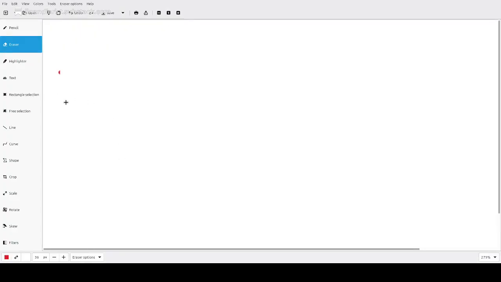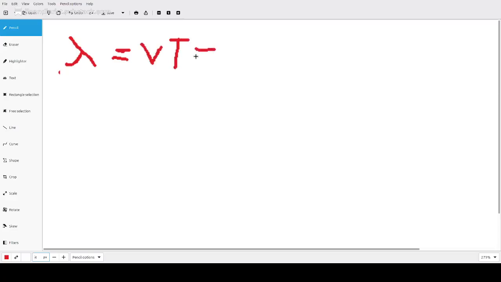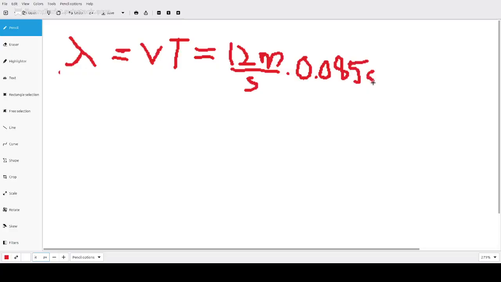The wavelength lambda is going to be the velocity times the period, which is going to be 12 meters per second times 0.085 seconds.